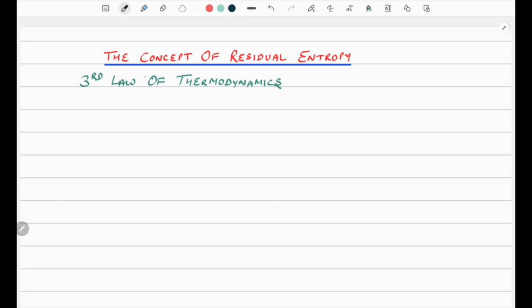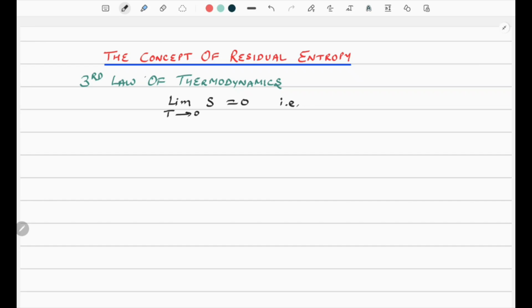Okay students, so today we will study the concept of residual entropy. To study this, first look back at the third law of thermodynamics, which is represented by this equation: limit T approaches 0, S is equal to 0.